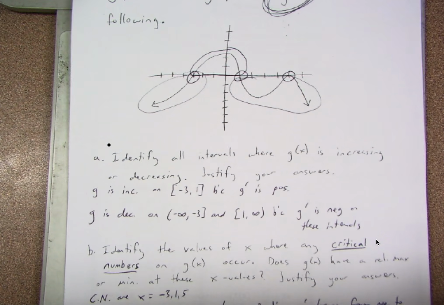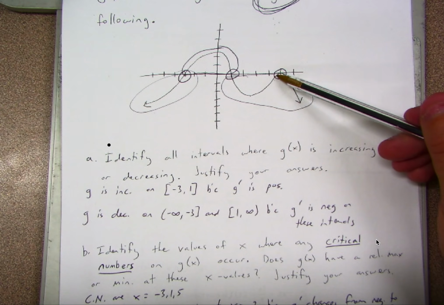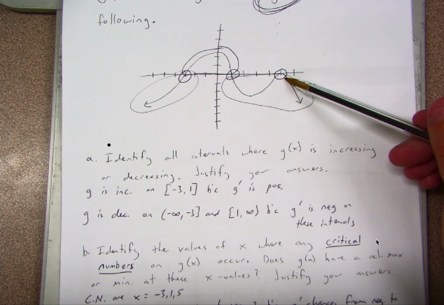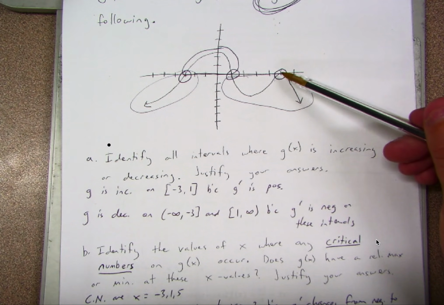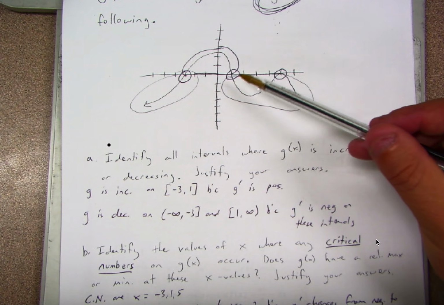And then lastly, right here, we had a critical number, but notice G prime was negative, and then G prime was negative again. So G would be decreasing, and then it'd be decreasing again. There's no relative max or min at this critical number. So it has to be crossing the x-axis, changing sign.